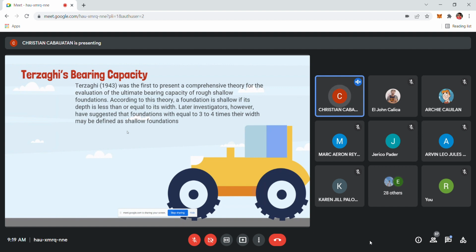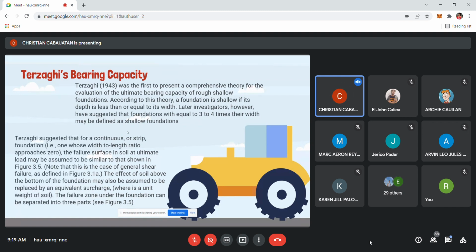Okay? He suggested that foundations with depth equal to 3 to 4 times their width may be defined as shallow foundations. Okay? And then, he suggested for a continuous or strip foundation whose width to length ratio approaches zero. Okay? The failure surface in soil at ultimate load may be assumed to be similar to that shown in figure 3.5 later.